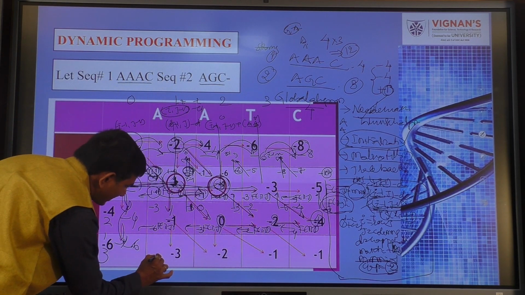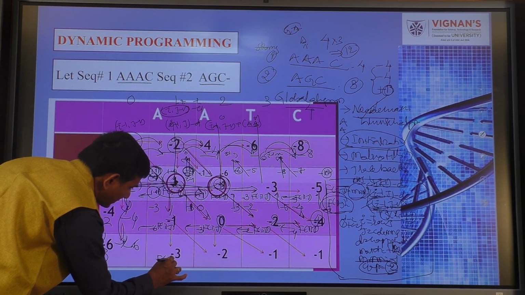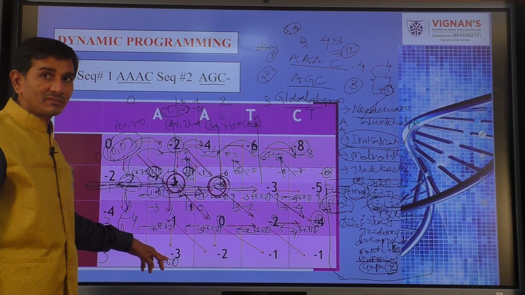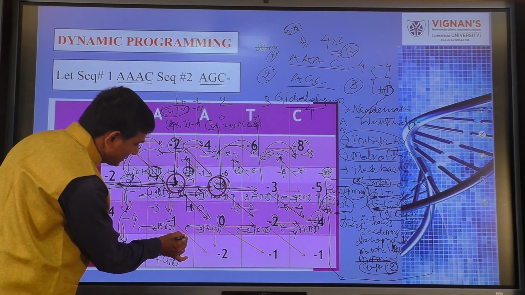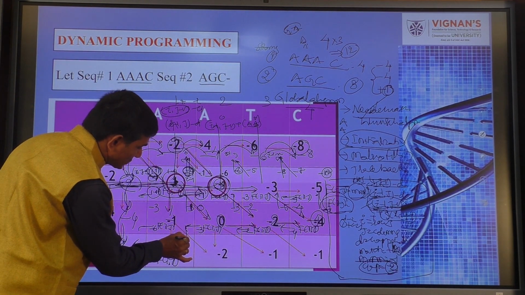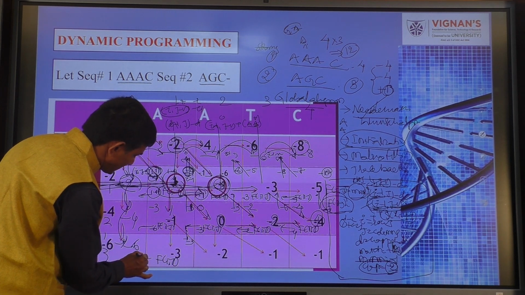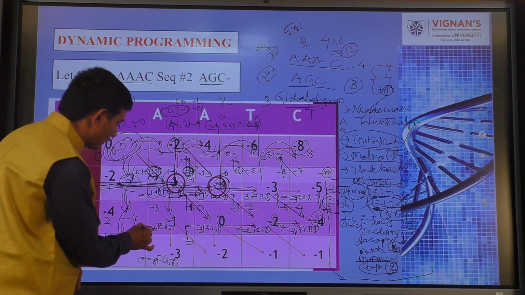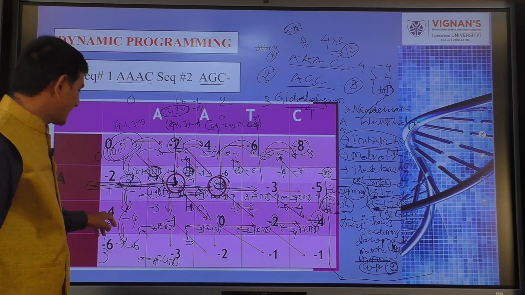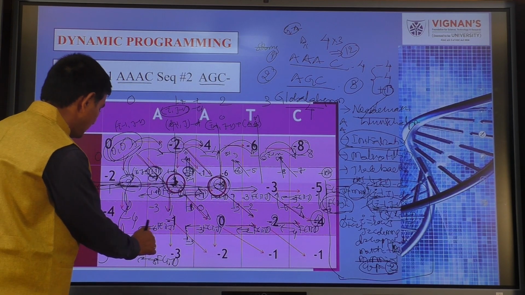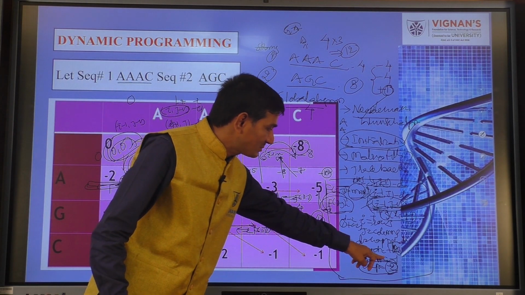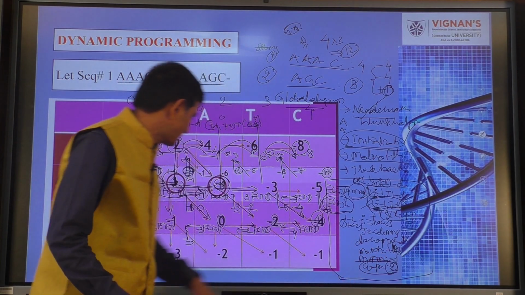Similarly, let us calculate the value of this particular matrix cell. The address given to this particular cell is f of I comma j. So, change in row, minus 1 minus 2 is minus 3, change in column, minus 6 minus 2 is minus 8. Similarly, change in both row and column: the value in this matrix cell is minus 4, and the row coordinate is C, the column coordinate is A. So, C versus A is a mismatch, the value assigned for mismatch is minus 1.